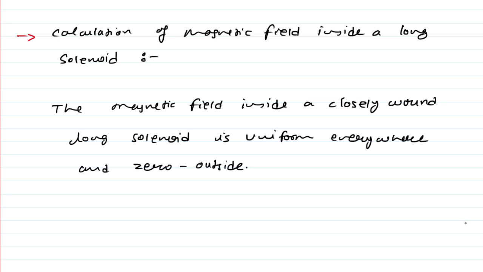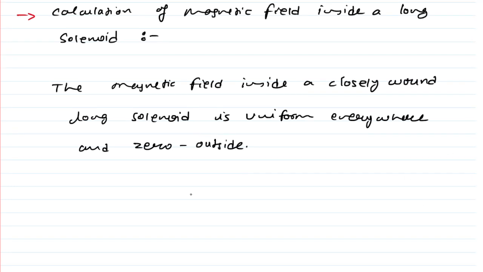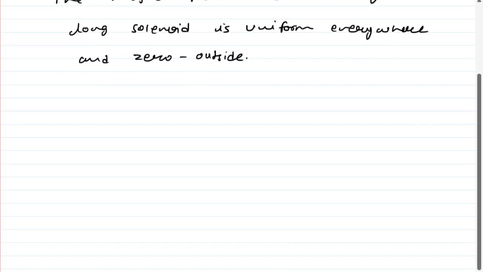So the magnetic field outside the solenoid practically won't be zero, it will have some small values, but we are neglecting it as compared to the inner part. The outer has a lesser value of magnetic field, so that's why we are ignoring that.